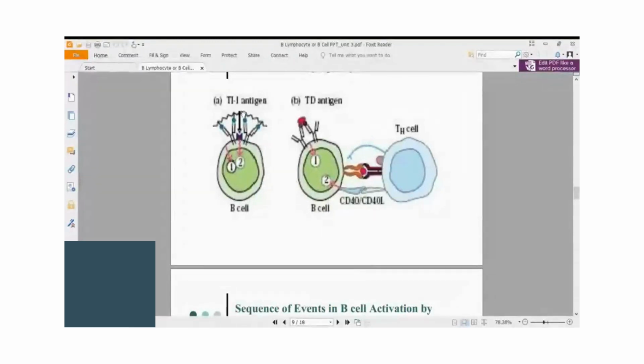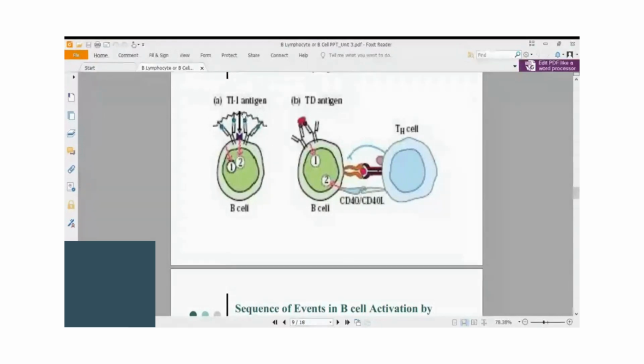One, TI antigen 1 is supposed to be lipopolysaccharide, LPS, of the bacterial cell wall. Lipopolysaccharides are a special category of organic molecules on the bacterial cell wall.